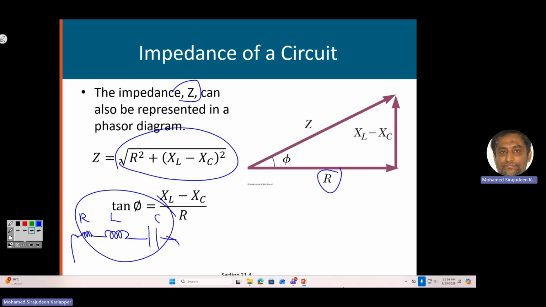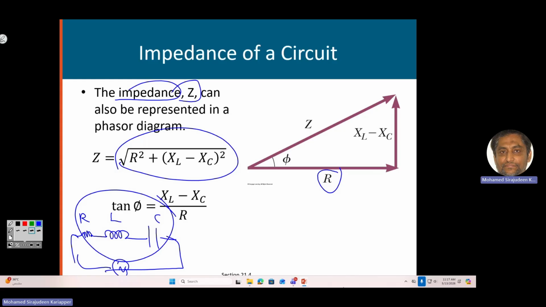If someone asks what is the total resistance due to all these three, we give it the name impedance because that consists of resistance coming from the resistor, and the resistance which we call the reactances coming from the inductor and the capacitor.